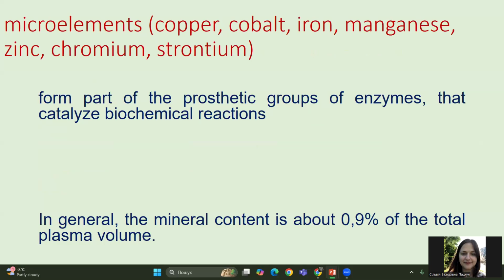Microelements: copper, cobalt, iron, and others form part of the prosthetic groups of enzymes that catalyze biochemical reactions. In general, mineral content is about 0.9% of the total plasma volume.